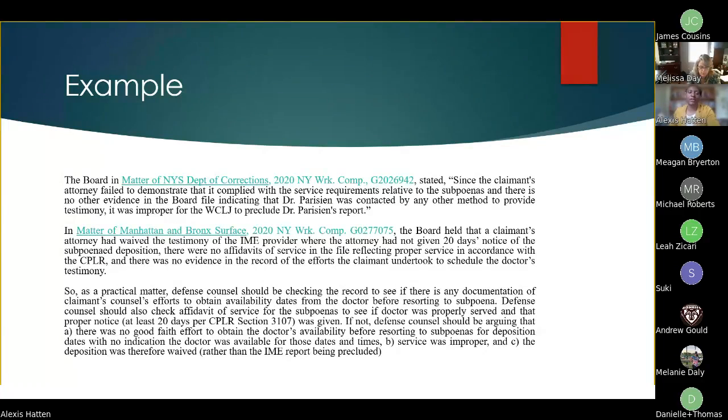If not, defense counsel should be arguing that there was no good faith effort to obtain the doctor's availability and that service was improper and that the deposition was therefore waived rather than that the IME report should be precluded. We win on that. I just won on that one, actually.